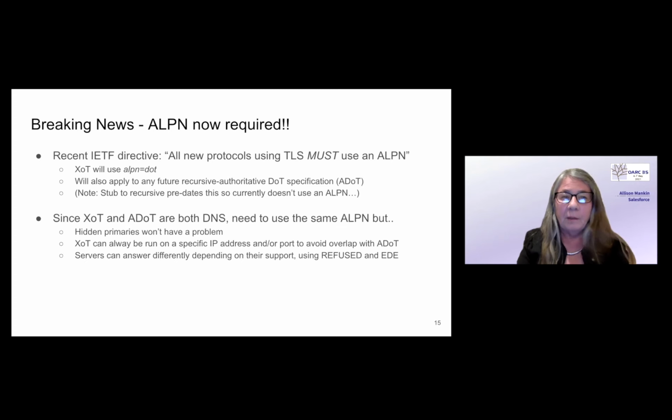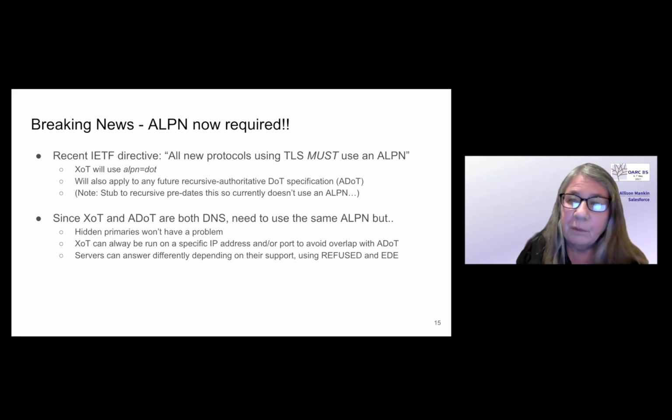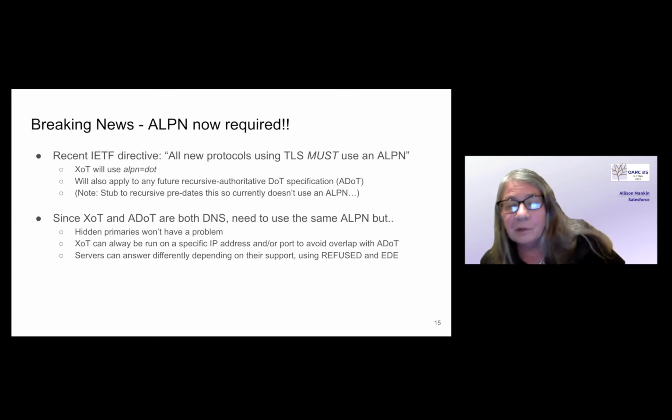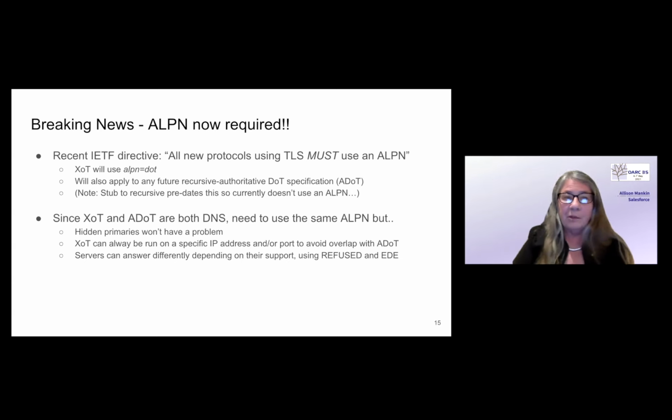Thank you. Yep. So we think it's a few lines of code to say in the TLS that ALPN equals DoT. We are expected to use the same ALPN as any other DoT. We won't have an issue, and so then the question is, how do you distinguish if you're running both?